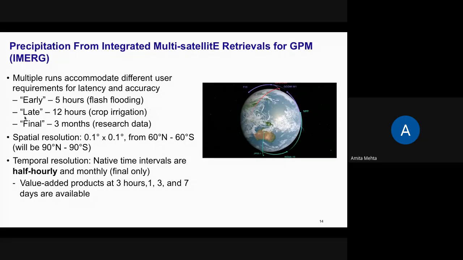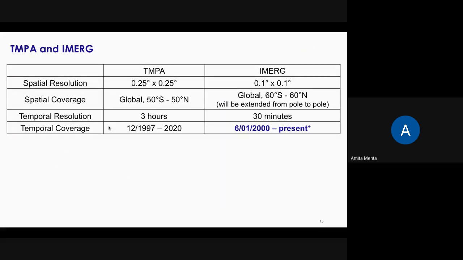And then finally, there is a research quality product that is put out after 3 months. So there's a 3-month latency, but this data, in addition to satellite-based precipitation, also uses land-based rain gauge data merged with it. These are more or less research quality products. And let's see, the summary is given here.